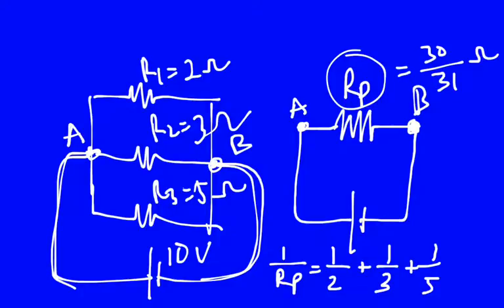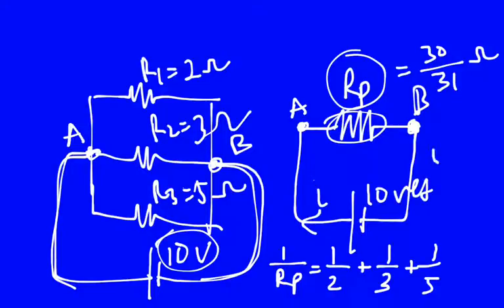Good. Now, look at this. This resistor is connected to a battery, and that has the same voltage, 10 volts here. So the current we will have is just this 10 volts divided by your total resistance, 30 over 31.